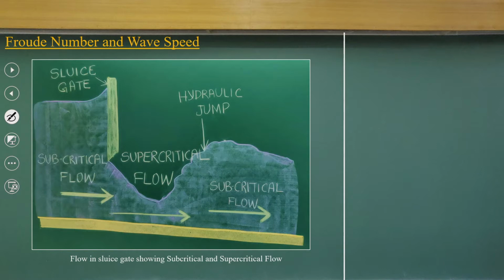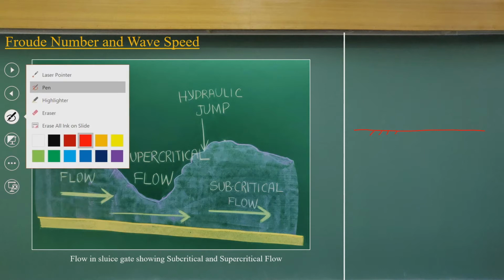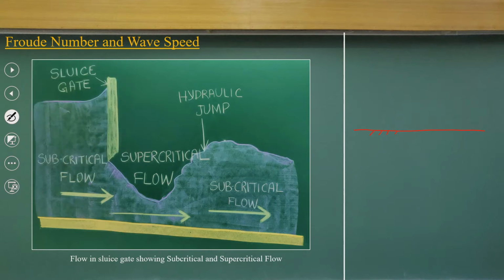If you have a more or less horizontal surface and you have a sluice gate, it is a gate operating. The flow is coming from this side, it has a depth.